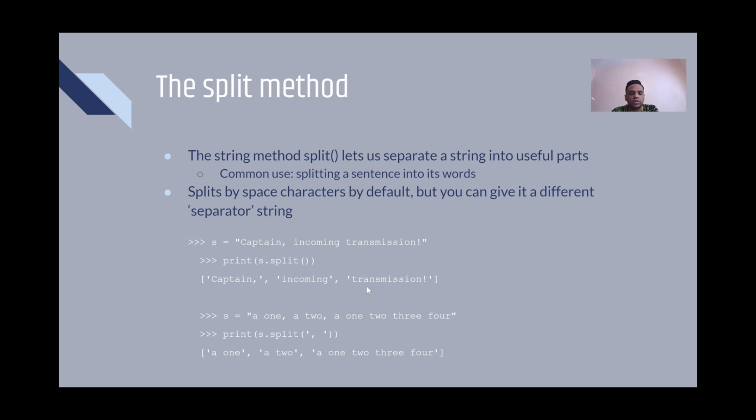Let's throw the split method on it and pass in the separator parameter: two quotes with a comma, s.split comma. This tells it not to split on white spaces anymore, but to split on the commas.